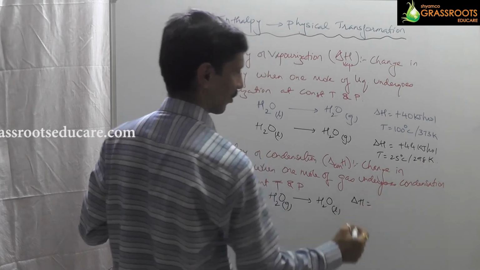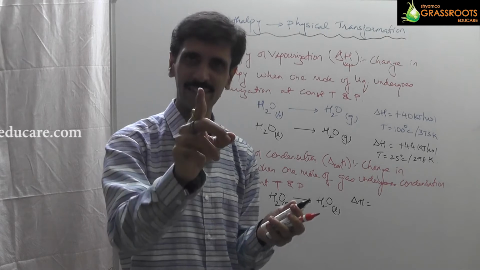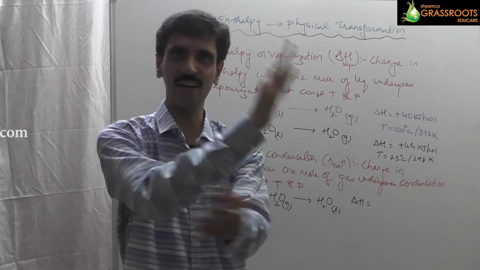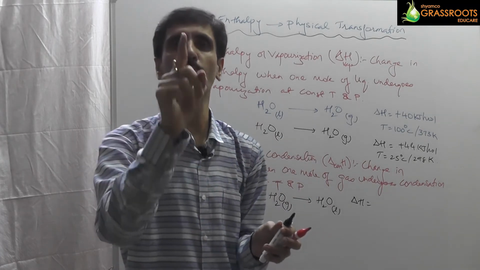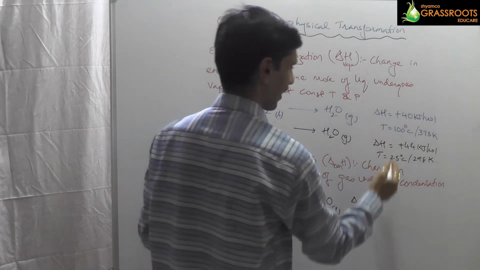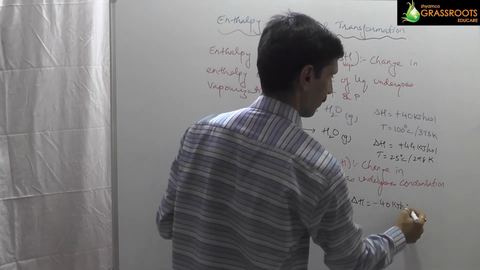Delta H will be equal to, do you recollect what I told you in fusion and freezing? As long as the nature of the substance and the number of moles of the substance is the same, if we reverse the reaction, the numerical value will remain the same, only the sign will change. Okay, so delta H which was plus, now what will it become? Minus 40 kilojoules per mole.